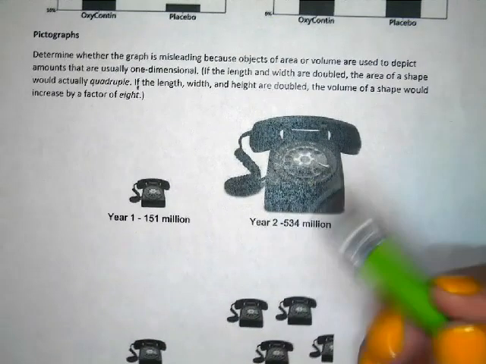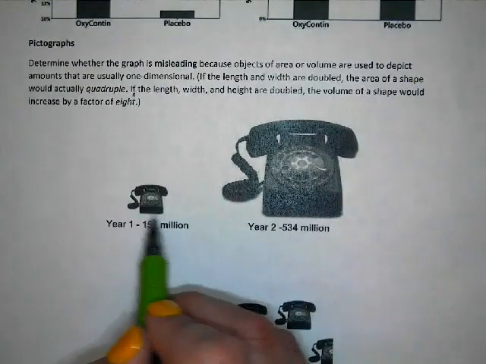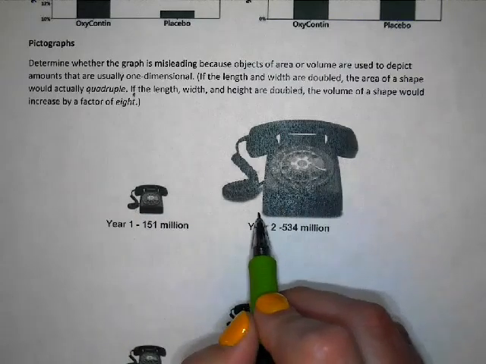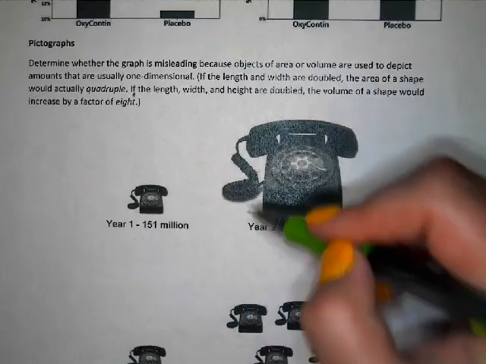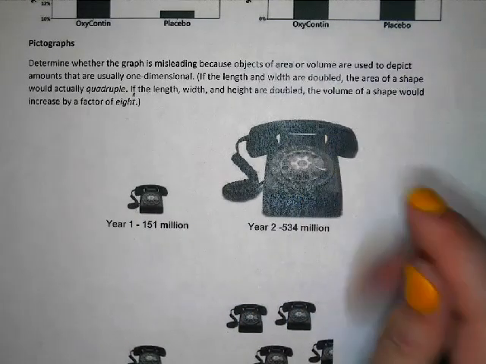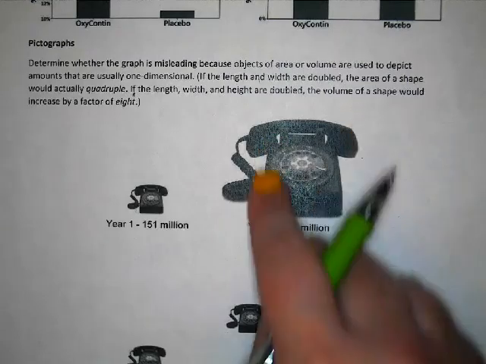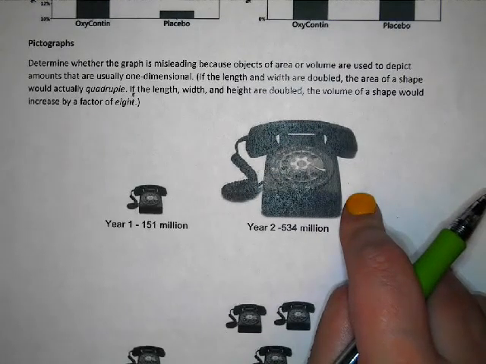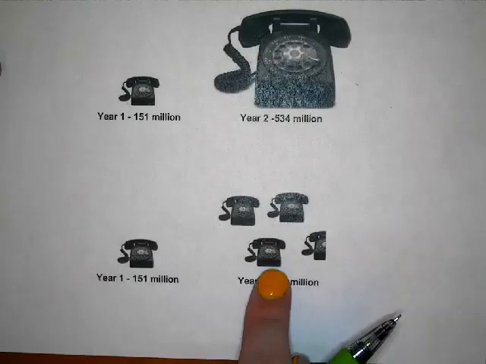So what they did here is they said, well, this side has a length and a width, so we'll make the width increase by 3.5 times, we'll make the length increase by 3.5 times, but because this is an area, it makes it look like it had some gigantic change, when in reality, the increase would look more like this, 3.5 times of increase.